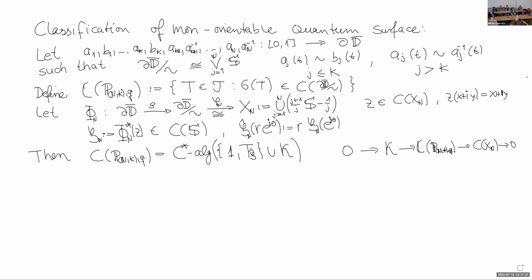Stone-Weierstrass tells me if I find one generator that separates the points, its polynomial algebra, the closure of the polynomial algebra generates the whole C-star algebra. So any function I can approximate by polynomials in D. Well, because of Stone-Weierstrass, I always prefer to include its adjoint.